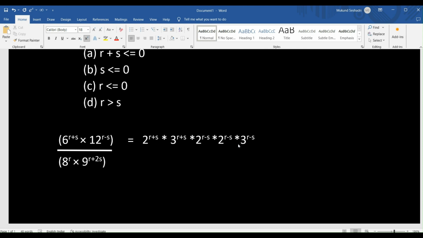So I'm going to quickly take you through what we have done in the numerator before I go to the denominator. So 6 is 2 into 3. So 6 to the power r plus s is rewritten as 2 to the power r plus s into 3 to the power r plus s.